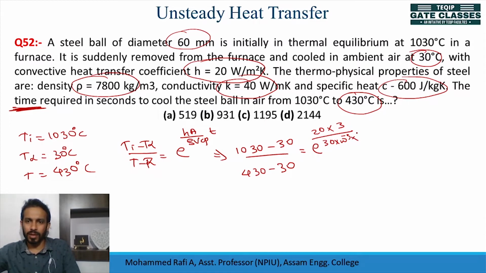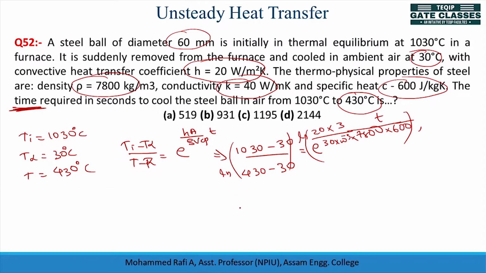Density is 7800, rho Cp is 600, and the time t. If I take the logarithm on both sides, I will be able to get the answer.